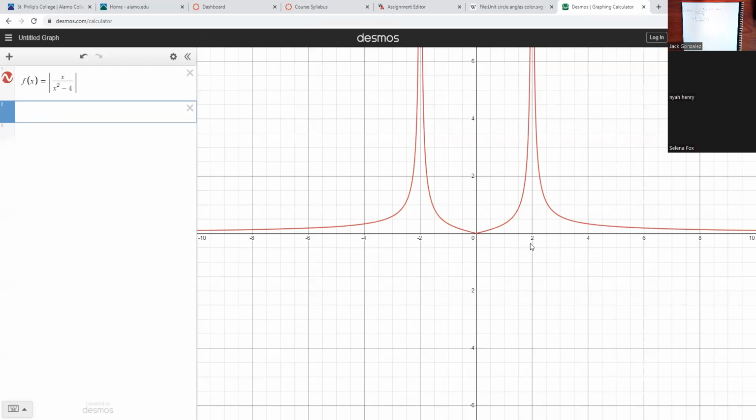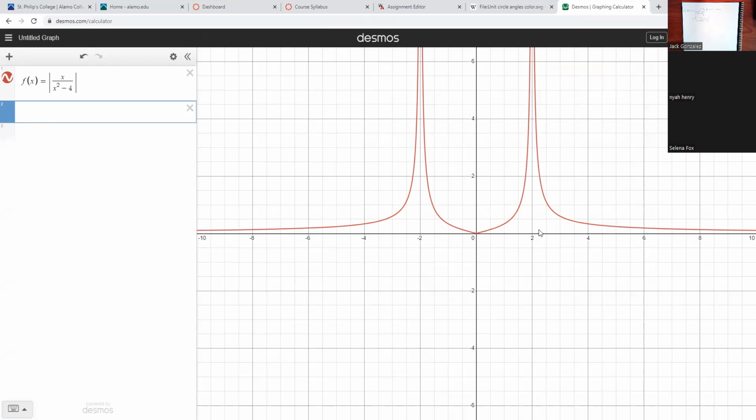As you can see, at 2 we have an asymptote, and at negative 2 we have another one. So the limit is approaching infinity from the left at negative 2 and from the right. Same thing for 2. So the limit will be infinite for both of them.